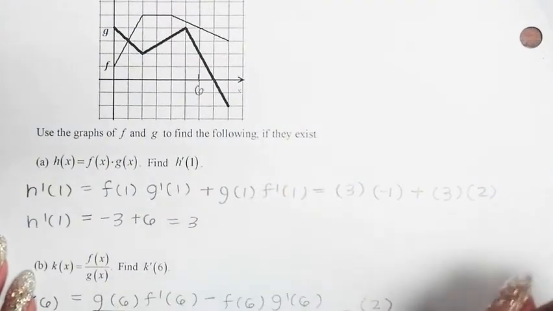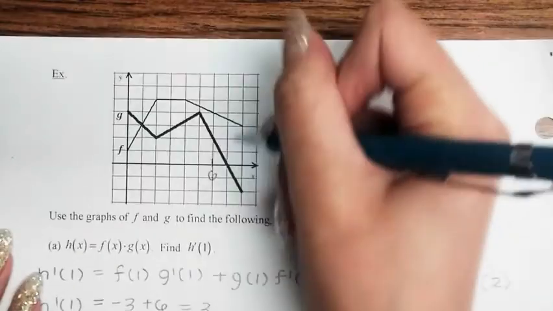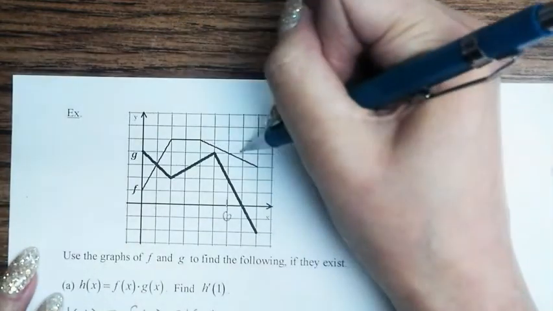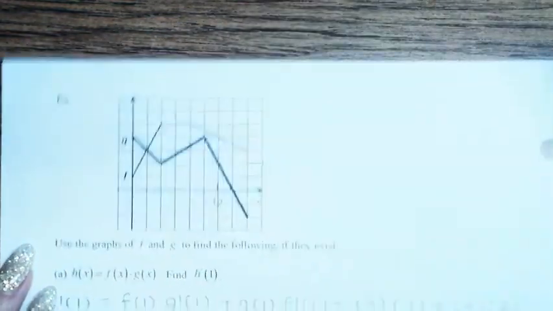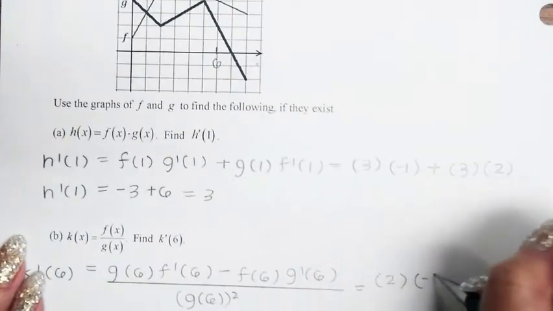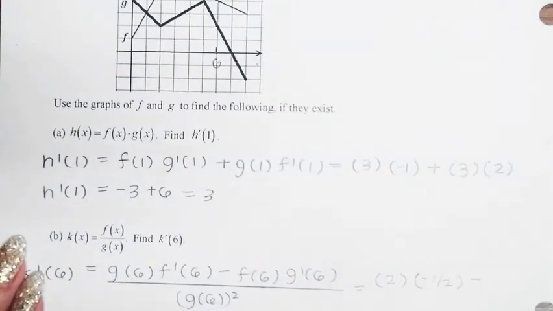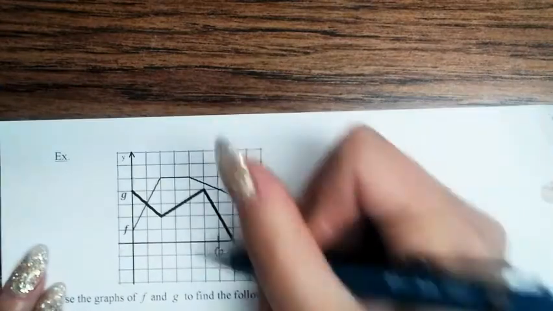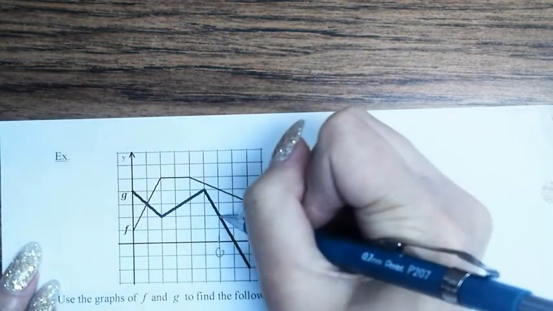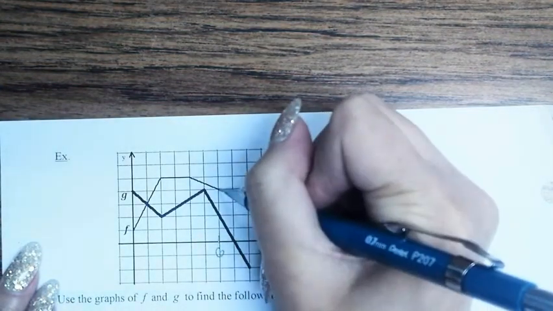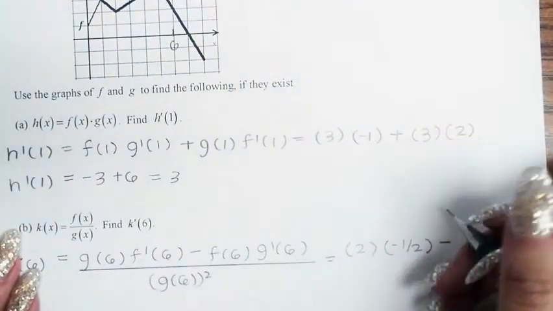Okay, then you have that f prime of 6 is going to be the slope of f at 6, meaning I want this part. Obviously you see that that's negative 1/2, minus f of 6, that one is f of 6, no, that's g, so this is f. That's going to be 4.